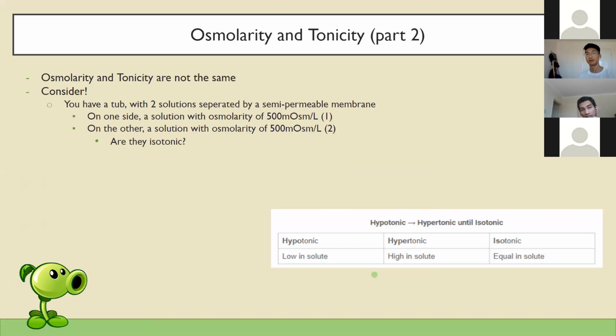We know that these solutions are isoosmolar because both are 500, but we can't say if they're isotonic or not because we don't know what the solutes are. If the solutes in the first solution are permeable to the membrane, but the solutes in the second one aren't, then they're not isotonic, because you have a higher tonicity in the second one, because tonicity is about non-diffusibles and effectively non-diffusibles.